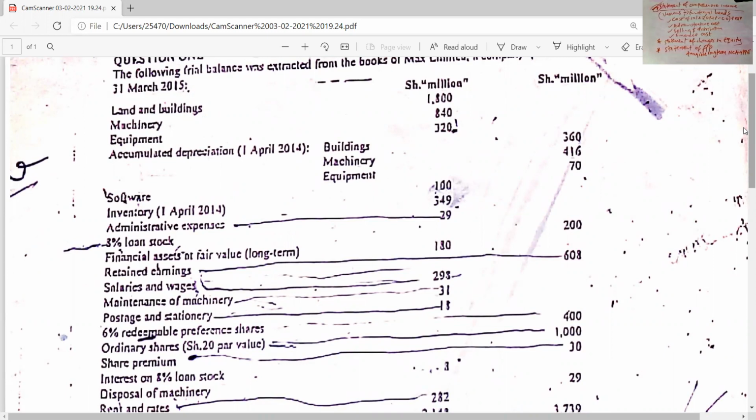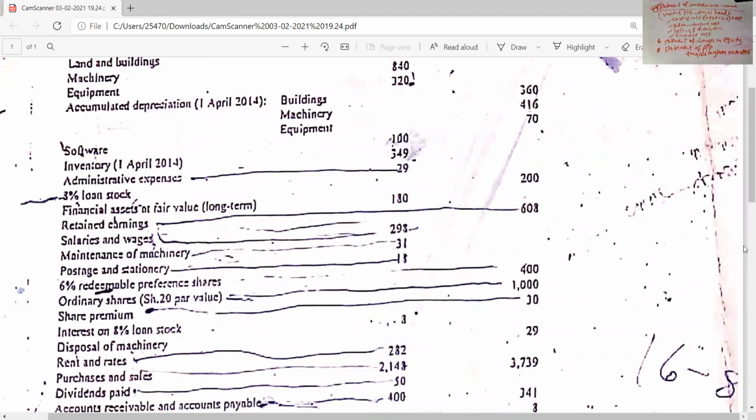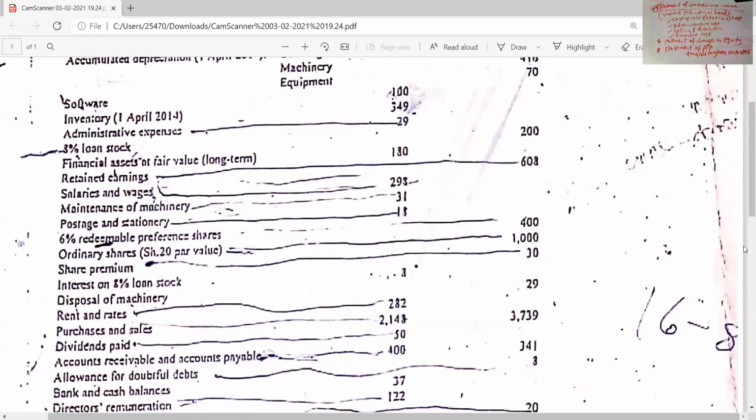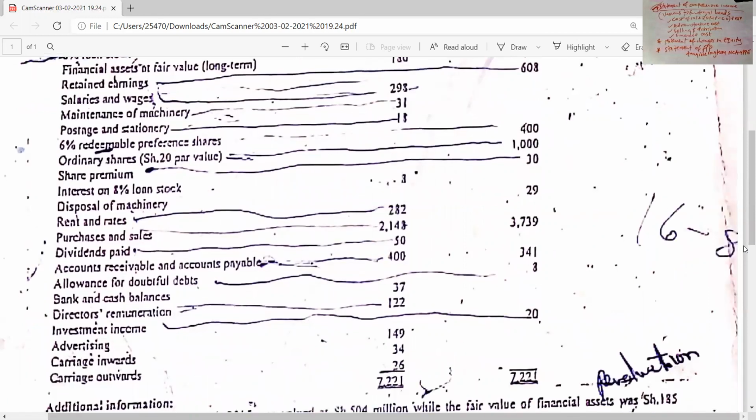You can see we have land, machinery, equipment, accumulated depreciation, software, inventory, administrative expense, 8% loan stock, financial assets at fair value, retained earnings, salaries and wages, maintenance of machinery, postage and stationery, 6% redeemable preference, ordinary shares, share premium, interest on 8% loan stock, disposal of machinery, rent and rates, purchase and sales, dividends paid, accounts receivable, accounts payable, allowance for doubtful debt, bank and cash balances, directors' remuneration, investment income, advertising, carriage in and carriage outward.